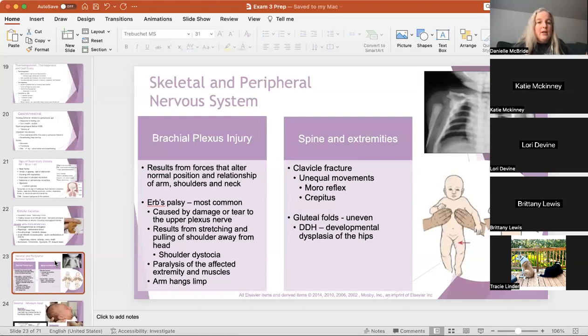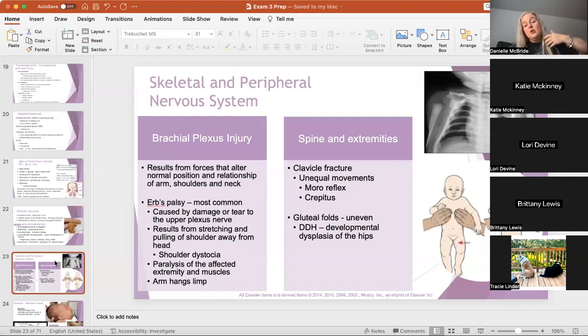So what's a brachial plexus injury? It affects the upper plexus nerve. Which is where? Up towards the clavicle and the shoulder.